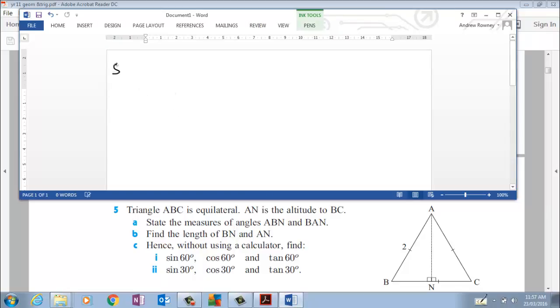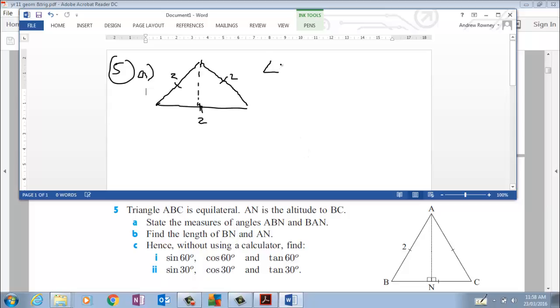So 5, part A, we have an equilateral triangle, all with sides 2, and a perpendicular bisector coming down, splitting that in half and splitting the angle in half. Right, the first question is find the measure of angle ABN and BAN.